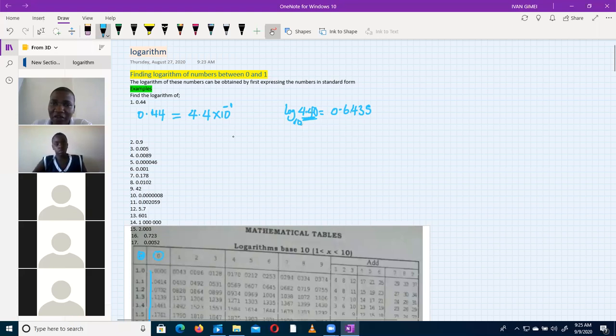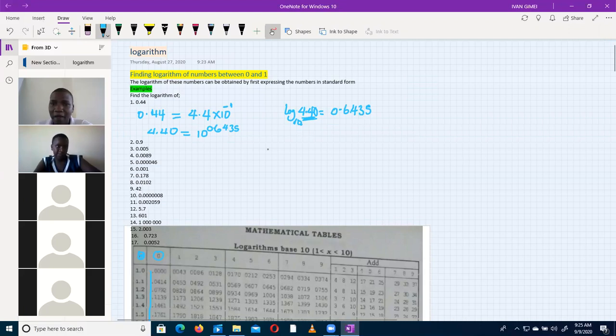You recall our definition of logarithms. So here I can simply say 4.40 is equivalent to 10 to the power of 0.6435. That's what we're saying. And that's how we define our logarithms.